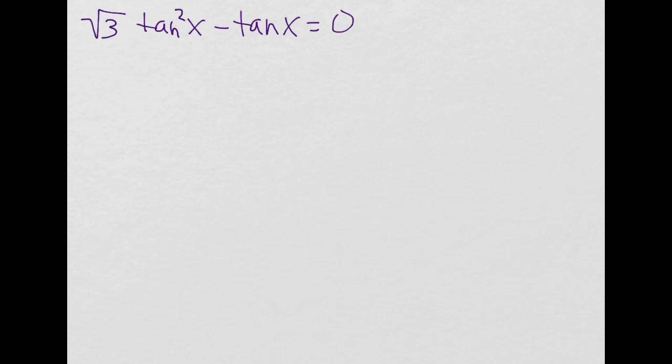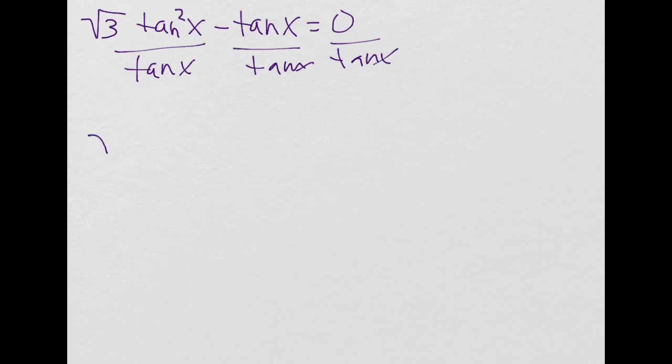But think about this. If you're dividing by tangent x and tangent x and tangent x, on the left we'll get that simplified, root 3 tan x minus 1 equals 0, because 0 divided by anything is still 0, right? That's totally true, right? 0 divided by anything is 0?